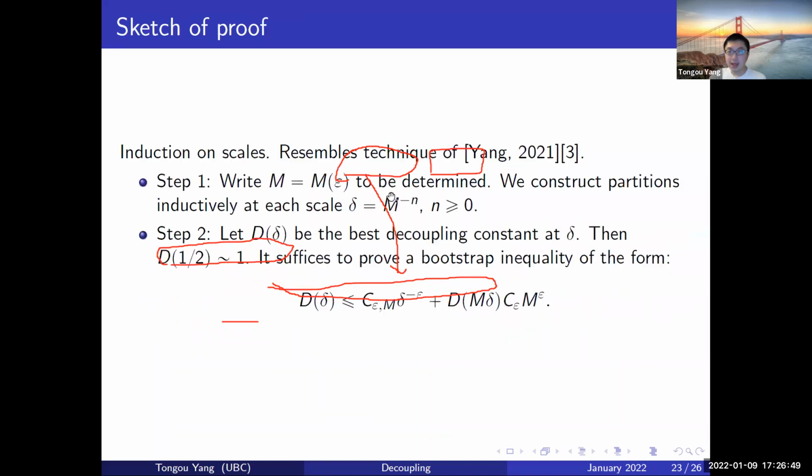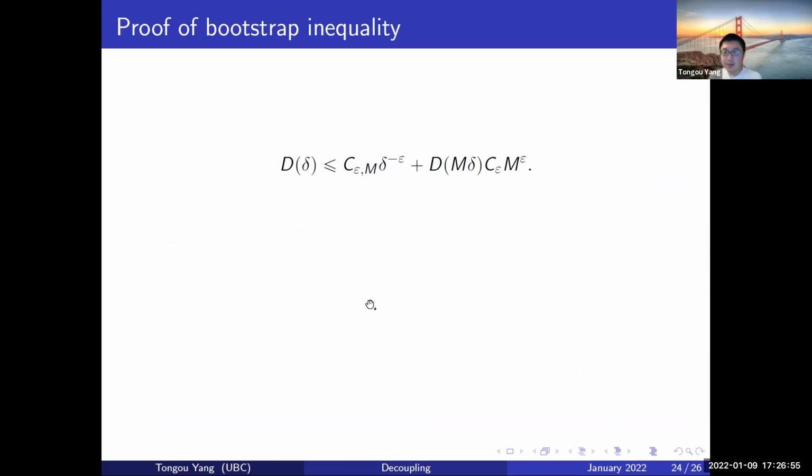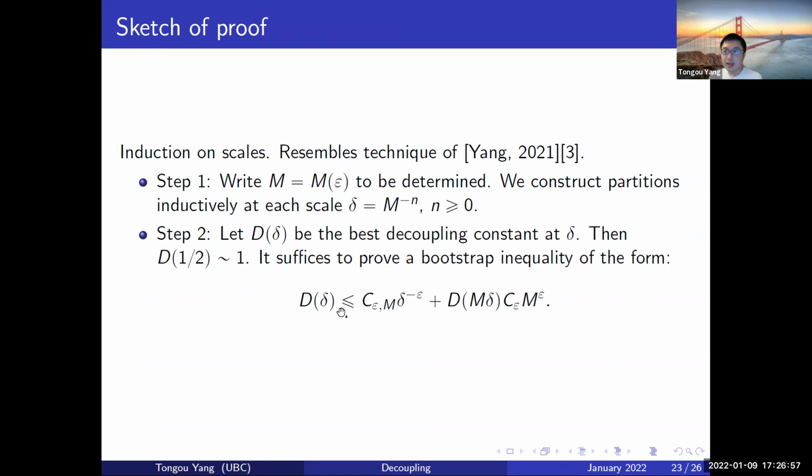And as in the previous slide, once we have proved this, we can iterate this inequality many times, so that the number of iterations is roughly log delta inverse over log m.